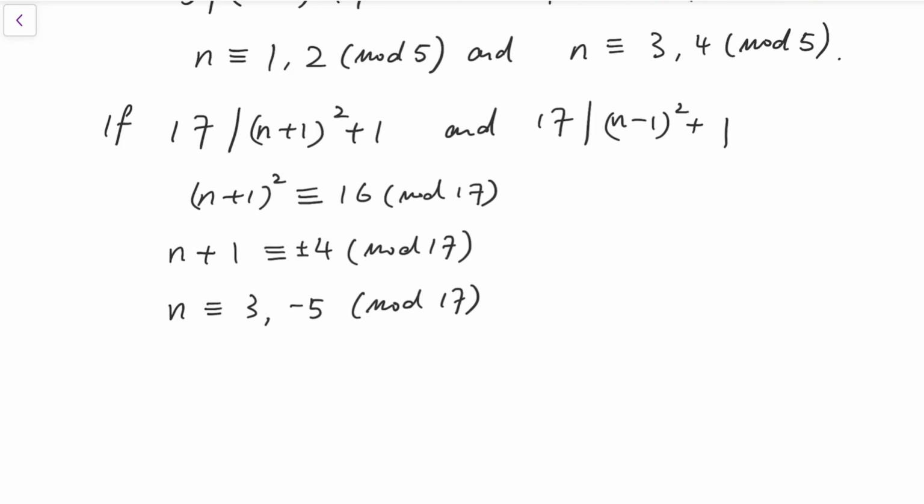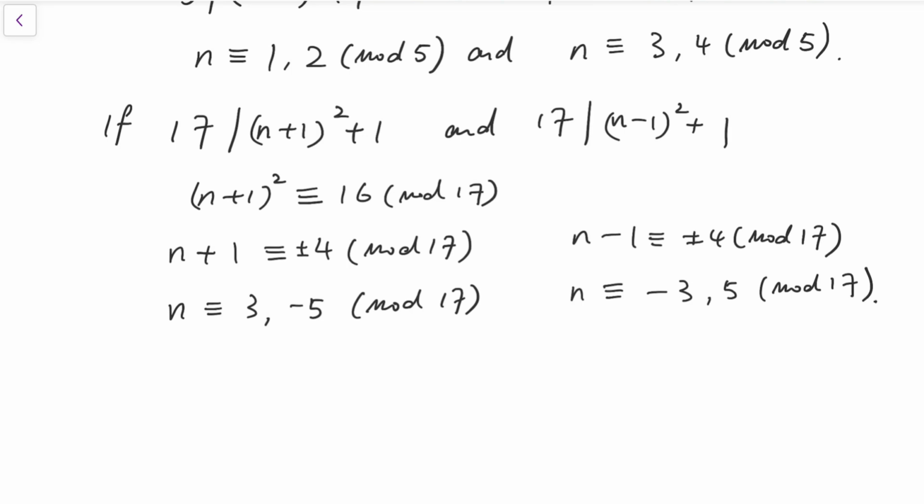While for the other case, using a similar argument, n minus 1 is congruent to plus or minus 4 mod 17, and so n is congruent to minus 3 or 5 mod 17. Again, there is no overlapping case, so these two expressions cannot share prime factor 17 as well.